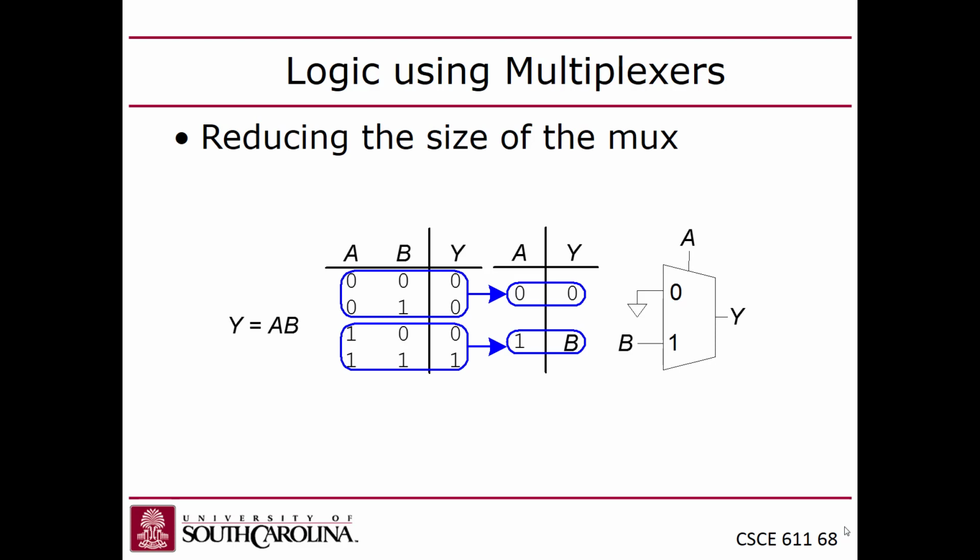The output's 0, right? But if A is 1, then the output is a mirror of whatever B is, right? So in this case, you can build a smaller multiplexer. Instead of 4 to 1, it could be a 2 to 1. And then you would just hardwire the 0 input to ground, and the 1 input can be wired to B. You guys see that?